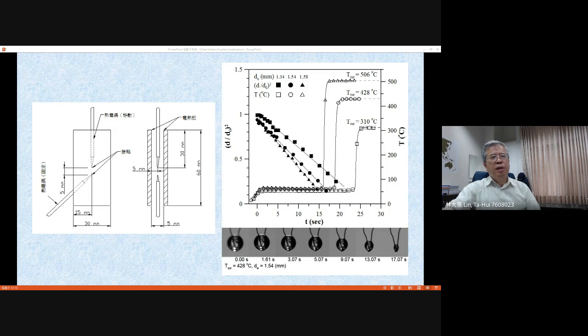That means they may have a short time for preheating. In this case, the surrounding temperatures are different: one is 310, another is 428, and the highest temperature is 506.